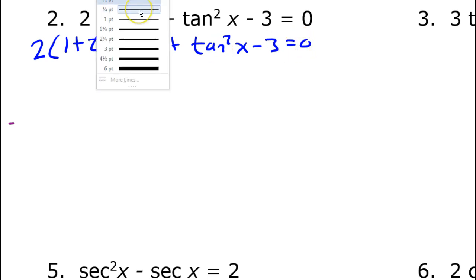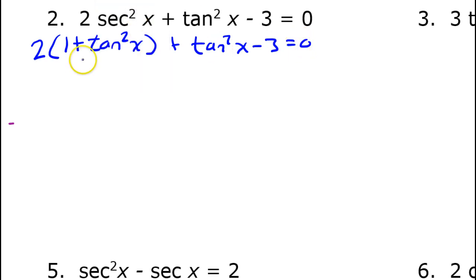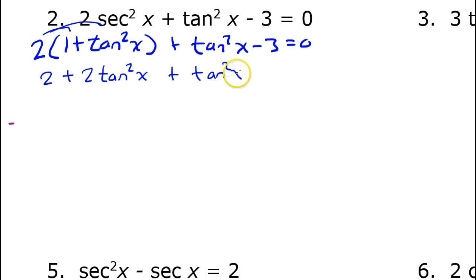All right, I might have to make this even finer. I need to do the distributive property. So this will be 2 plus 2 tangent squared x plus tangent squared x minus 3 is equal to 0. Now I'm combining my like terms.